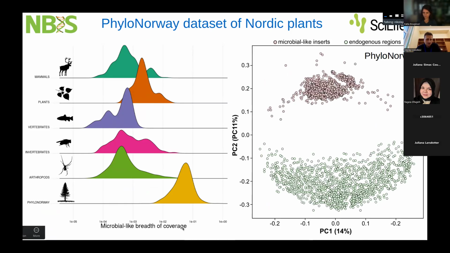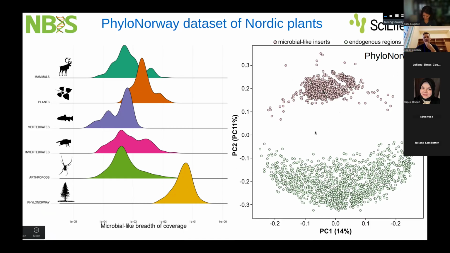We also took these PhyloNorway reference genomes, and we split them into what we predict are endogenous regions and what we predict are exogenous regions. And we computed pairwise k-mer distances with Mash between all the references from the PhyloNorway dataset.